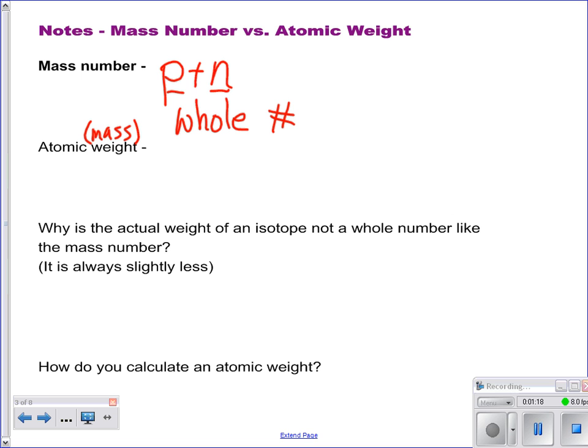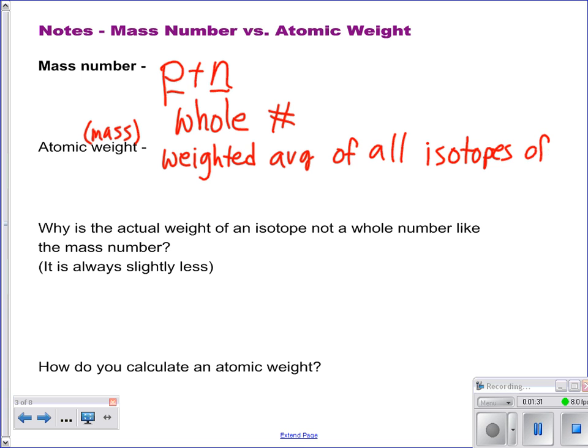And what we're going to call that is a weighted average of all isotopes of an element. Okay, so a weighted average of all isotopes of an element.